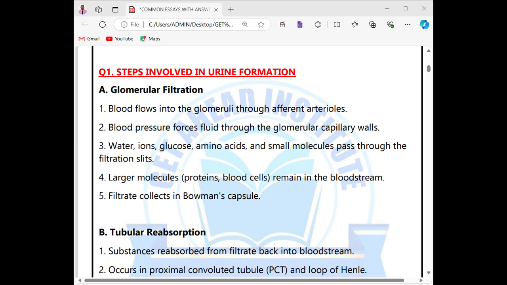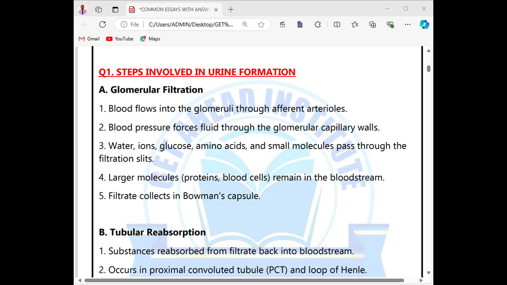Okay, so you discover that when we are talking about the formation of urine, generally we have three main major steps.